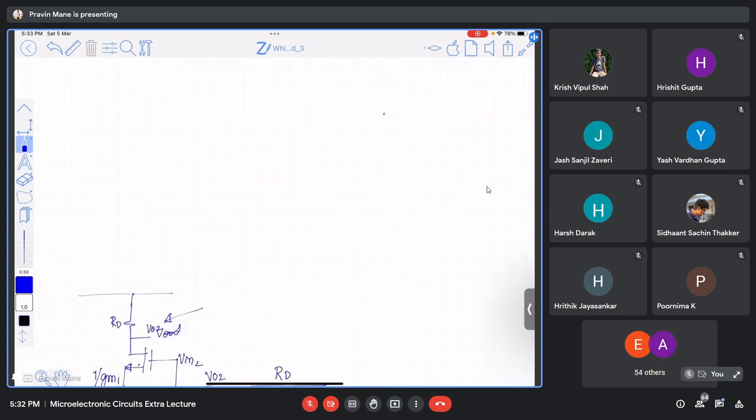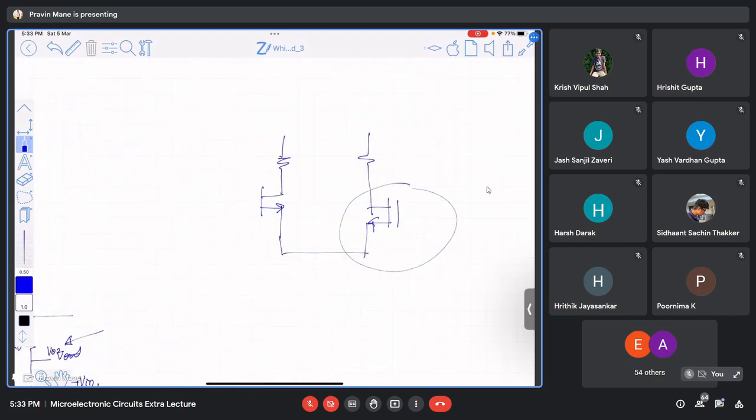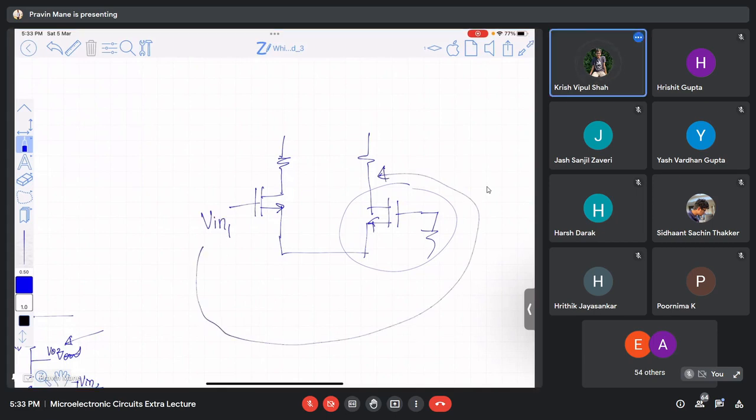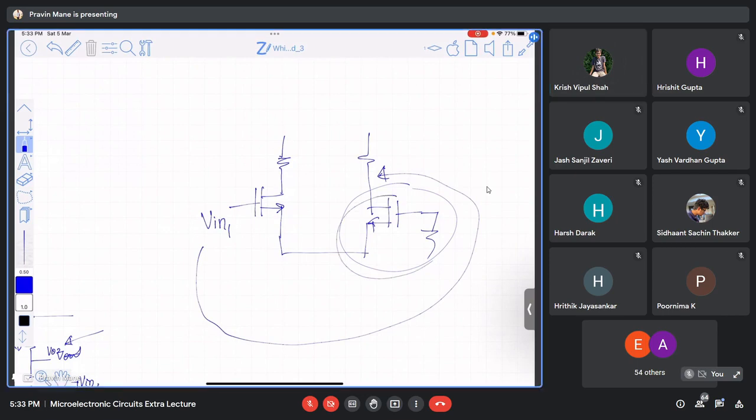So my question is, how will you find out Thevenin without knowing V? This is already connected to ground, right? Yes. And this is Vin1. So you have to find out the effect of Vin1 here, right? Yes. So how can I replace this by its Thevenin's equivalent without knowing what is the input to it?